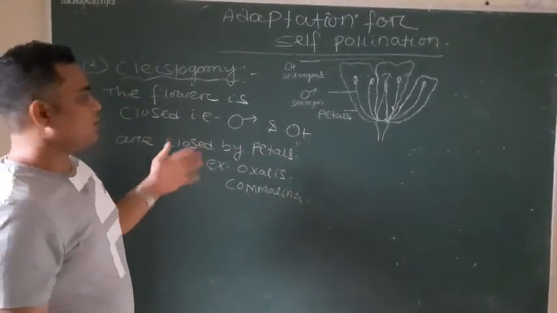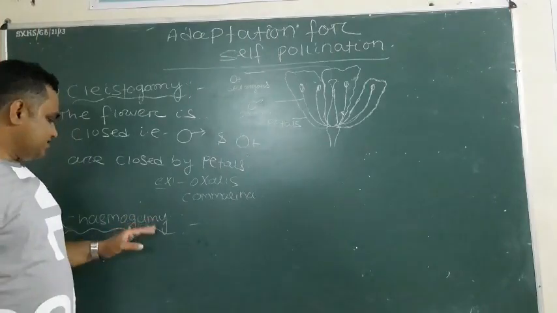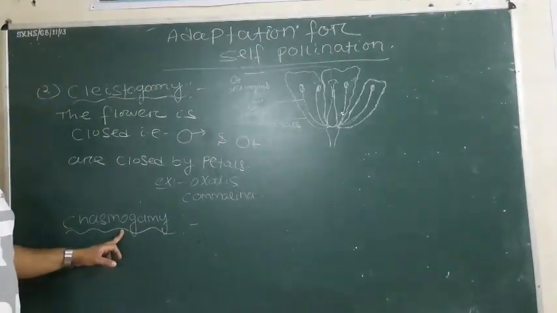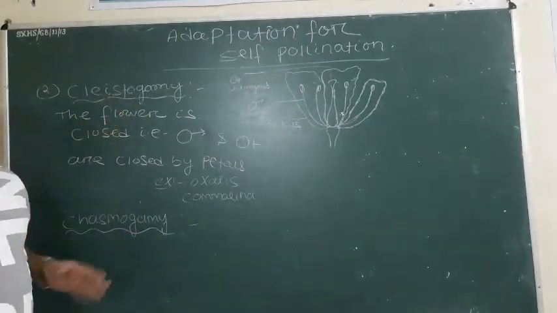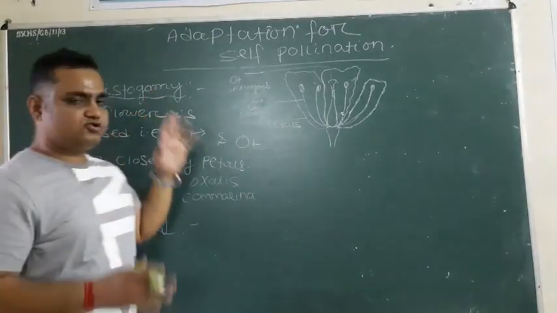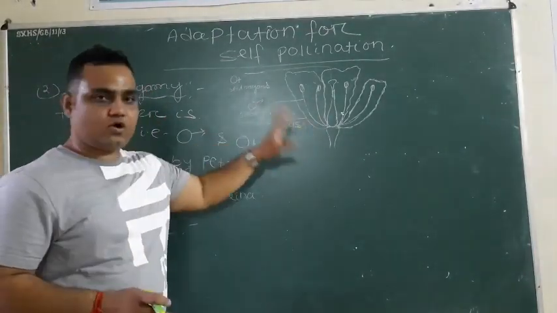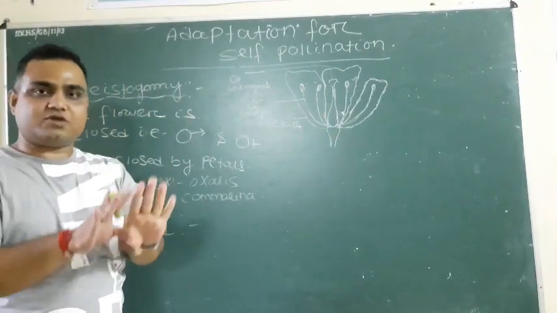Another term is also associated with cleistogamy, that is called chasmogamy. There is a little difference between cleistogamy and chasmogamy. Cleistogamy, we have already discussed, means the flower is closed. That means the male and female sex organs of the flower are enclosed by the petals.